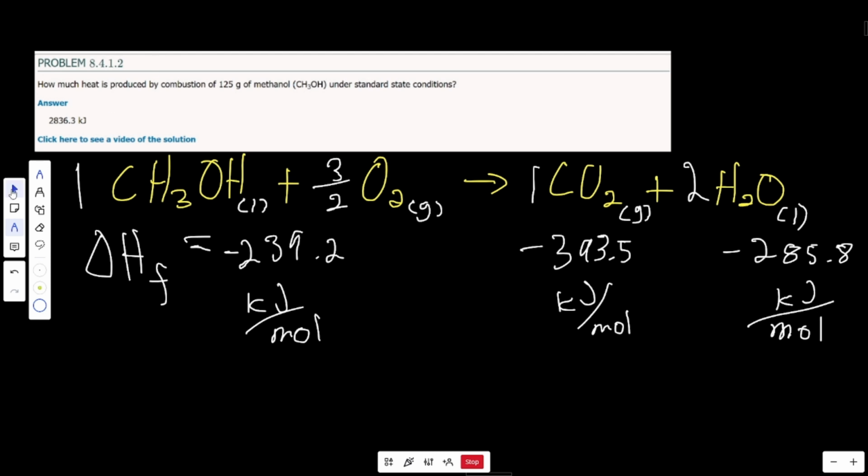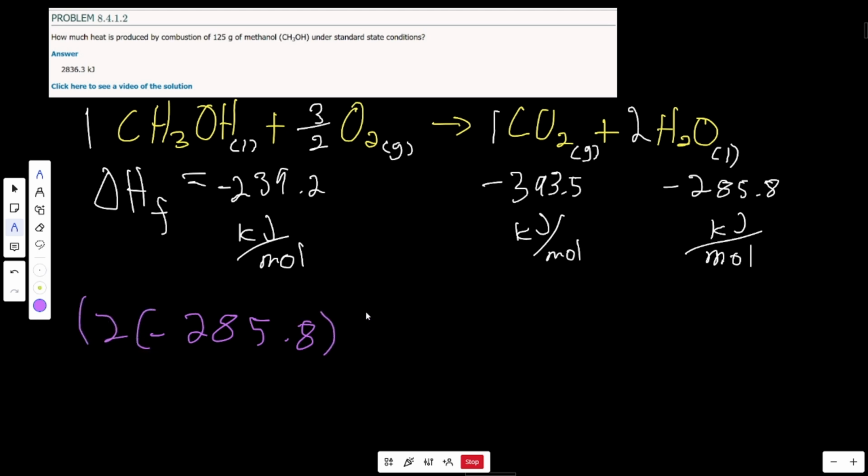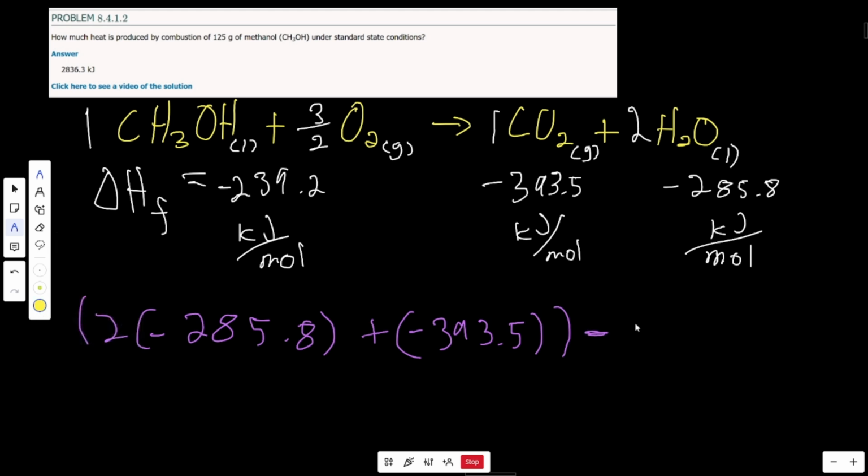Now, to get the enthalpy of this reaction per mole, all we have to do is follow our formula. So we have negative 285.8 times 2 plus negative 393.5. Then we subtract our reactants, which is minus negative, so it's just plus 239.2.